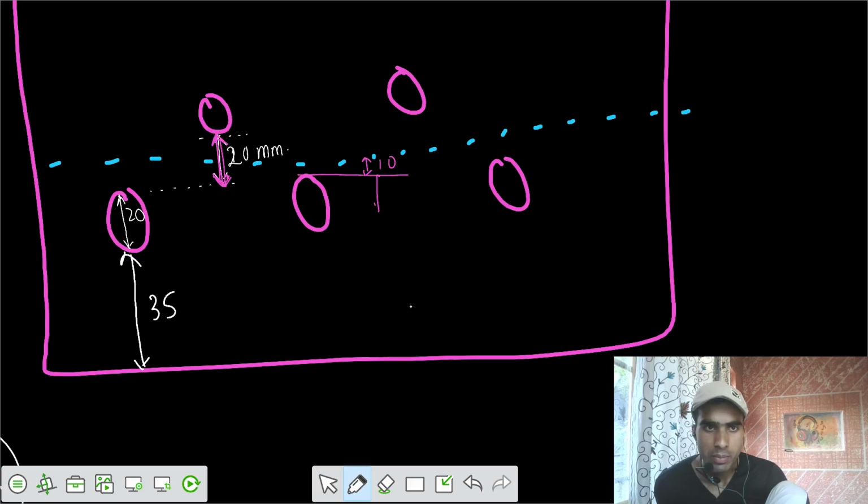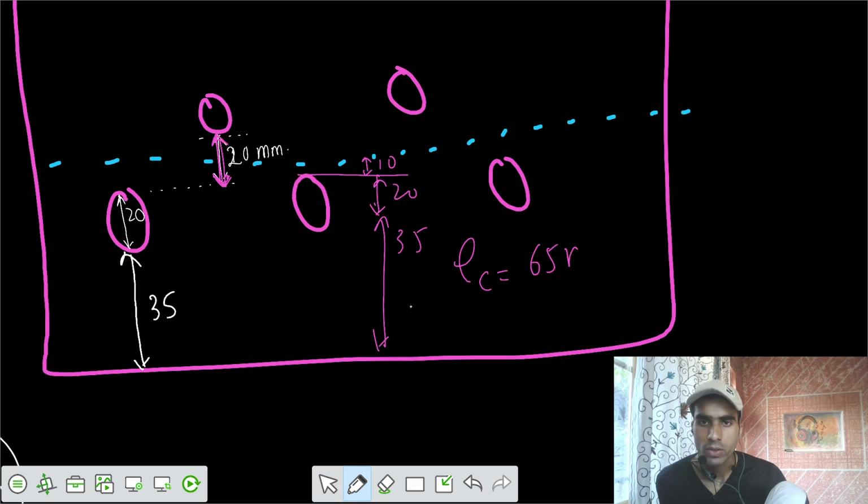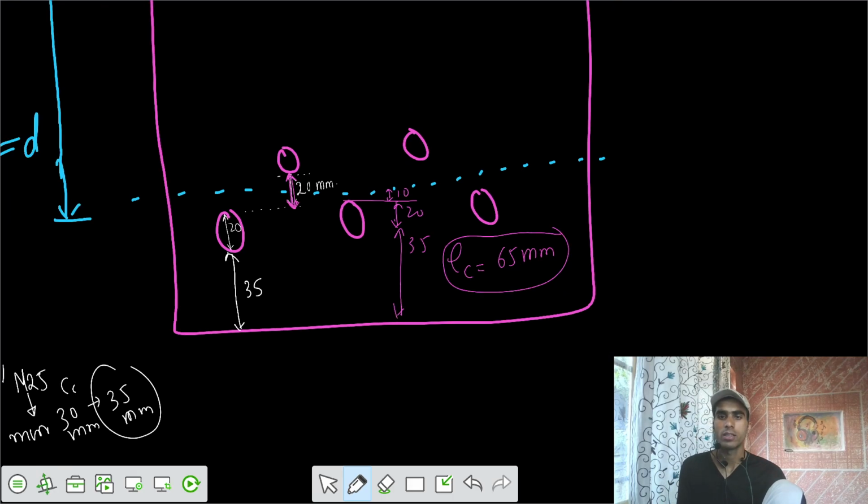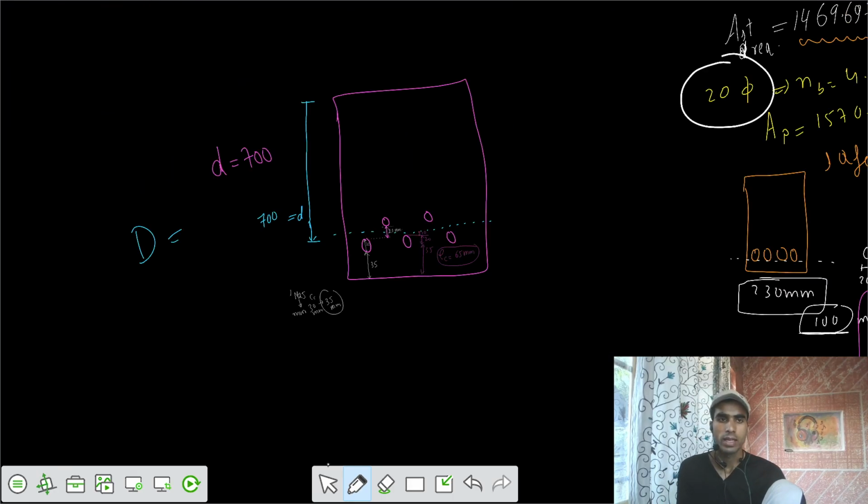After that we have 20 diameter of the bar. After that we have clear cover of 35. So effective cover is 35 plus 20 plus 10, that's 65. So finally, capital D is 765.